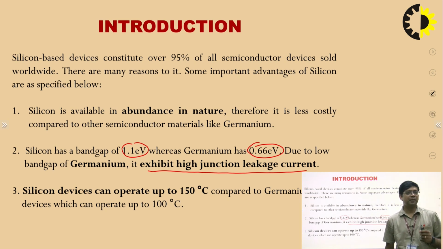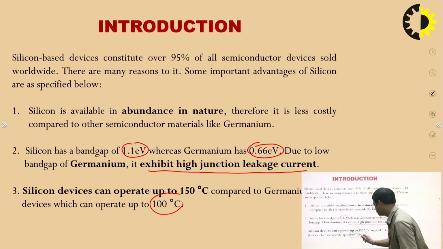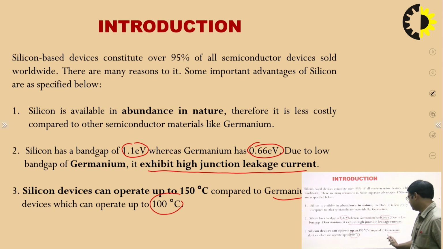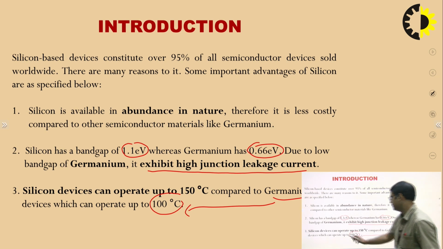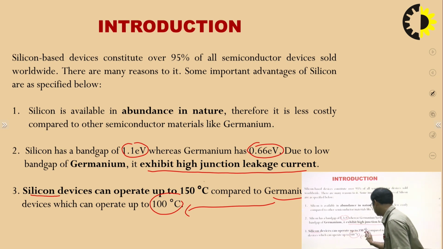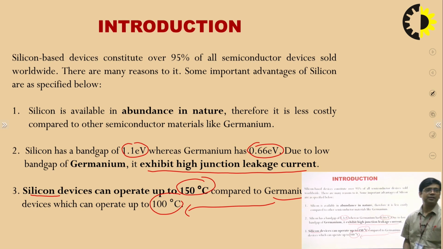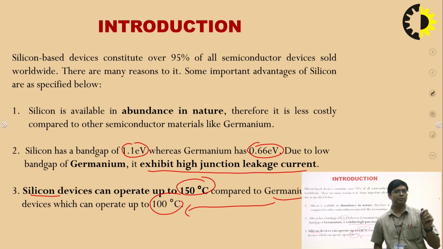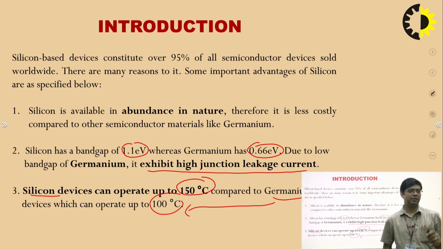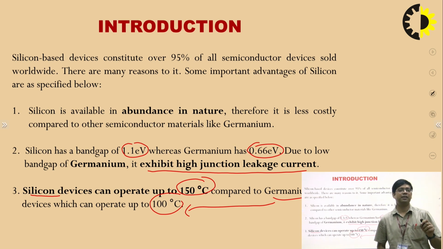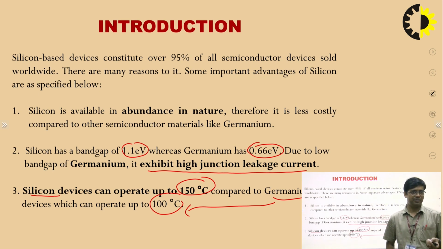The third advantage of silicon is that silicon devices can operate up to 150 degrees centigrade, whereas germanium can be used only up to 100 degrees centigrade. So, these are the three main advantages of silicon: low cost, low junction leakage current and its use at higher temperature.